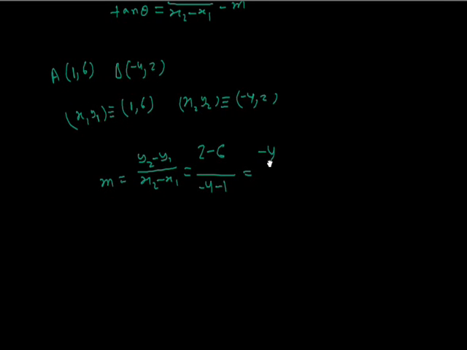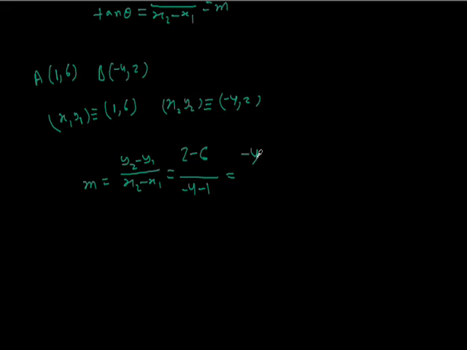Further, this is equal to minus 4 upon minus 5, which is equal to 4 by 5. So we can say that the slope of this line passing through the points 1, 6 and minus 4, 2 is 4 by 5.